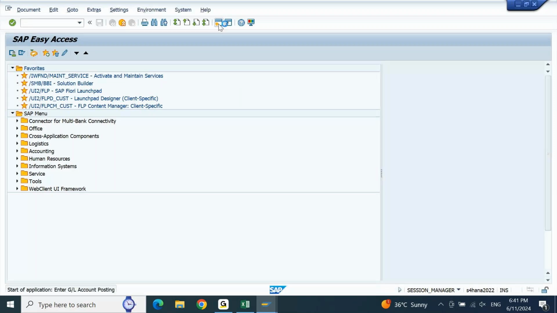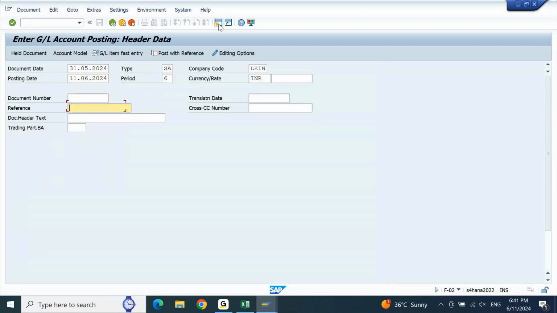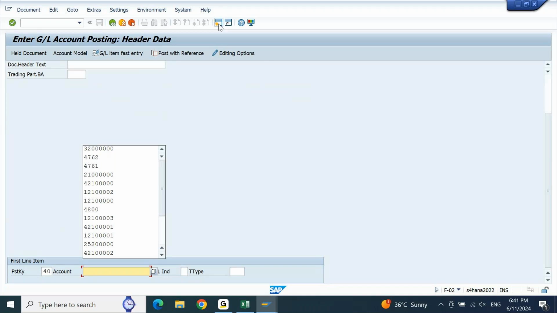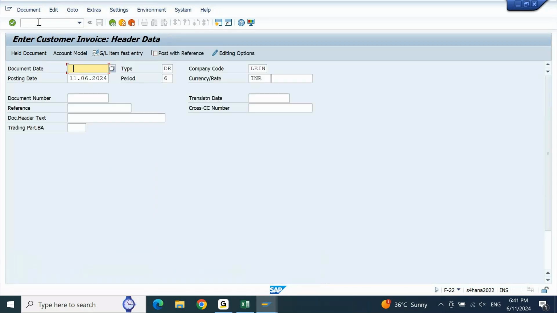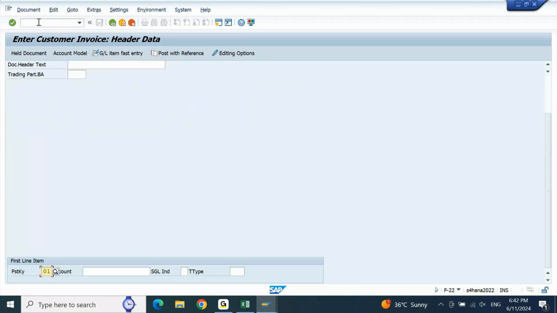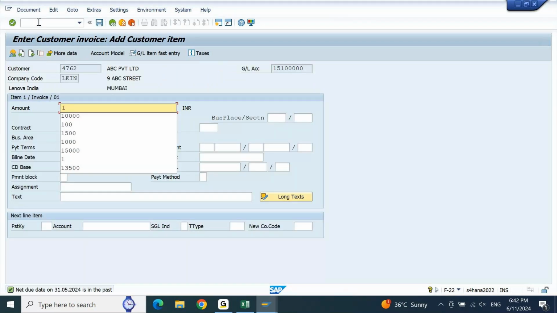Let me post F-22, because we are talking about a customer invoice. I'll take the customer account, and I'm assuming it is 11,000. Sale value, I'm going to take 11,000 total sales.